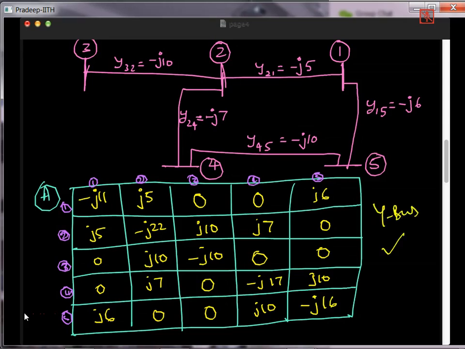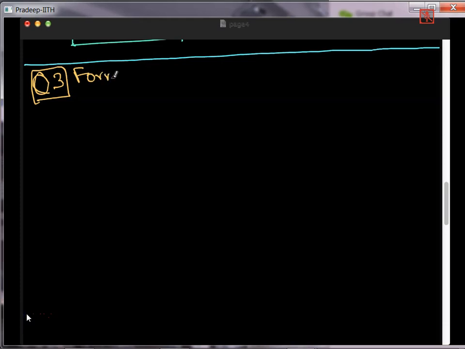for this above network. So is that clear? So let me just cross check, do I have any mistakes? Form Y bus for following network.